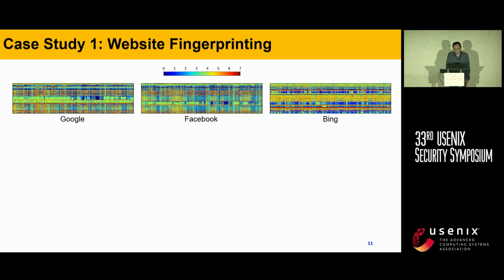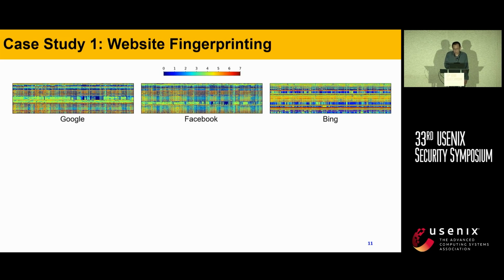We demonstrated the use of our primitive through two case studies. In the first one, we mount a website fingerprinting attack. Web browsers use GPU's assistance for rendering web pages, which makes GPU cache access patterns web page dependent. Here's an example of browsing 3 websites in Chrome.